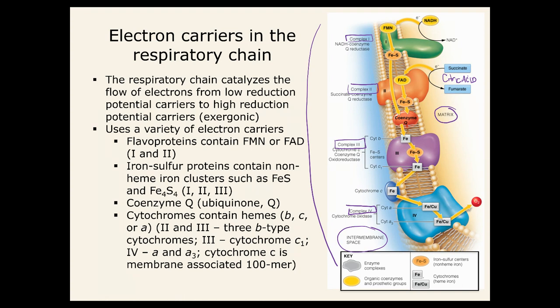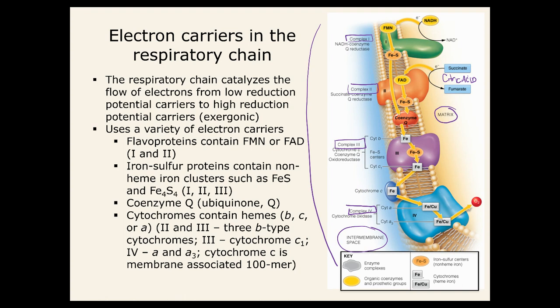I kind of think of this as sort of an electron hot potato game. I'm not sure hot potato is even a game anymore, so I might be dating myself with that. But you should think of it that one carrier grabs the electron, and then it's going to pass it to an electron species that wants the electrons more.